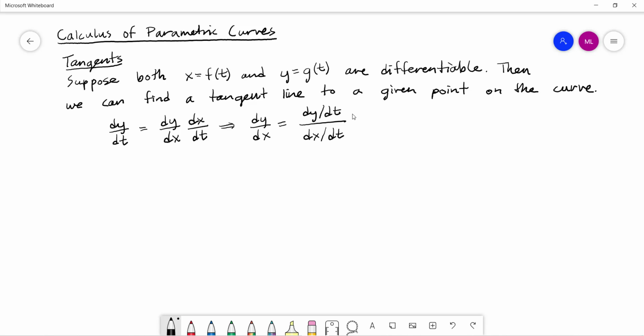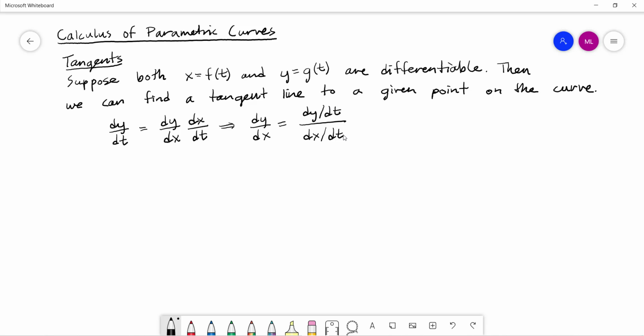In this way, we can determine the slope of our curve, rise over run, dy over dx, by looking at the ratio of how quickly y is changing with respect to time over how quickly x is changing with respect to time. We're using the same measure to determine how quickly these two variables are changing independently, and then simply looking at their ratio.